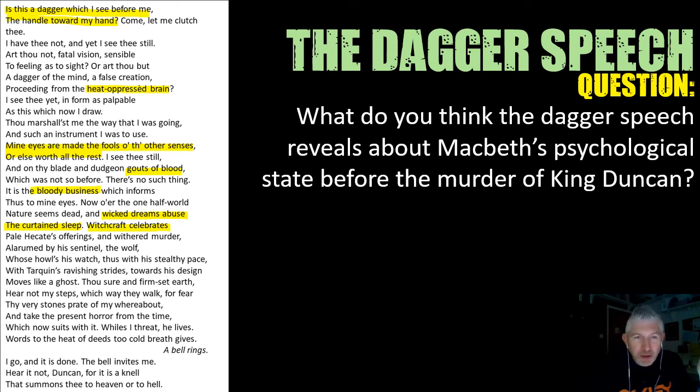What else is going on at night? Well, the wolves are howling. So there's a kind of predatory animal that's hunting at night, with his stealthy pace. And then he brings in an interesting reference here with Tarquin's ravishing strides. Tarquin is a famous Roman soldier, a general, who in a legendary act of evil raped one of his friend's wives while he was staying at her castle.